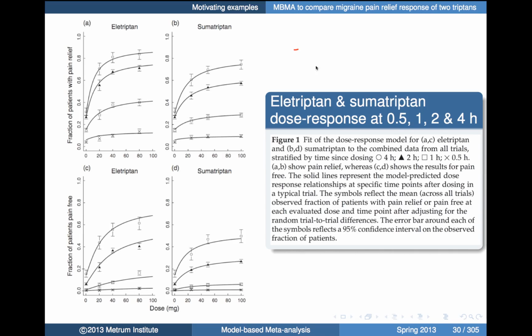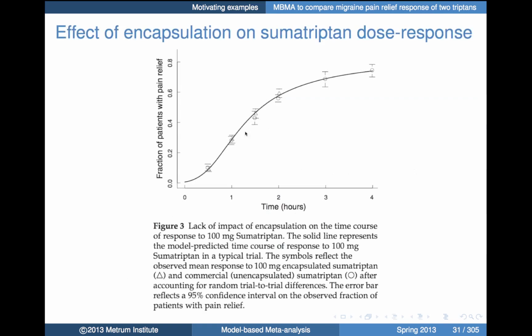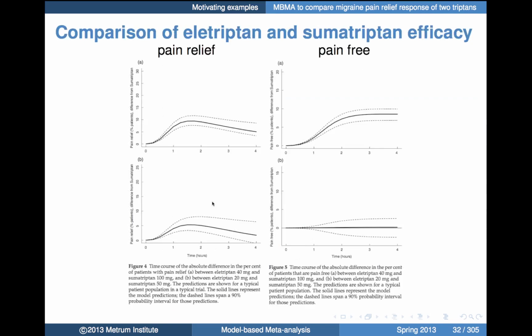So we've got our observed data with our model predictions overlaid on it. Well, we'll skip the encapsulation. Let's just jump to this one to see how they ended up summarizing it. The approach they used was to look at difference.